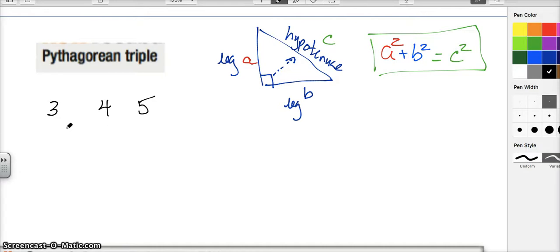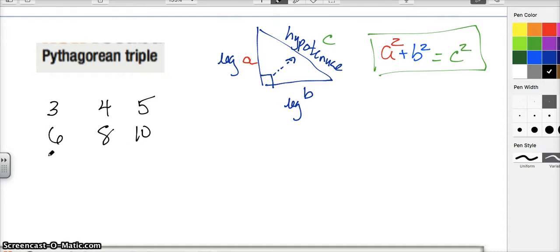I remember us talking about this in class: if you multiply this triple by any integer, you get another Pythagorean triple. For instance, if I multiply each of these terms by 2, I get 6, 8, and 10.